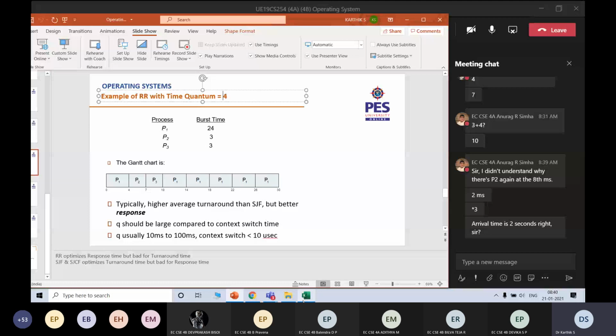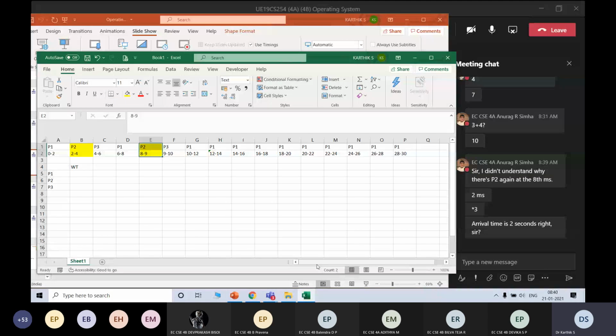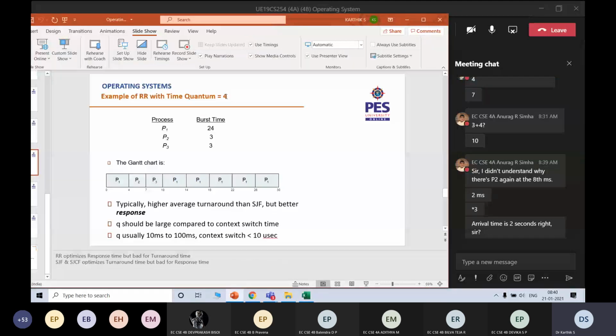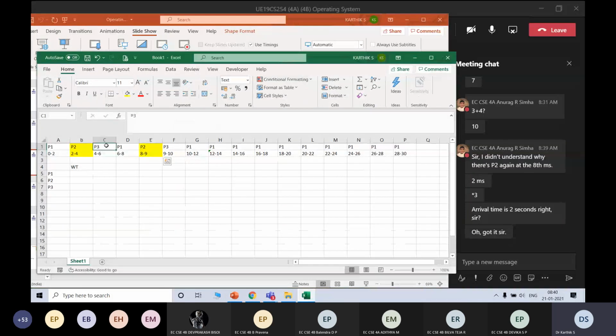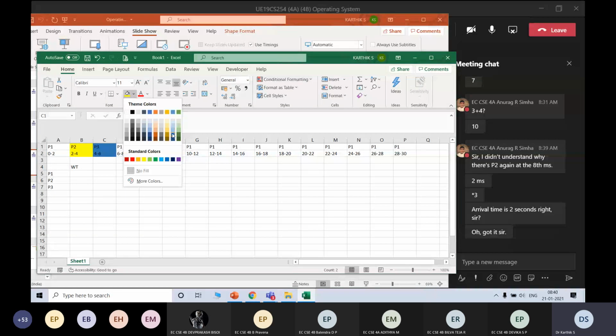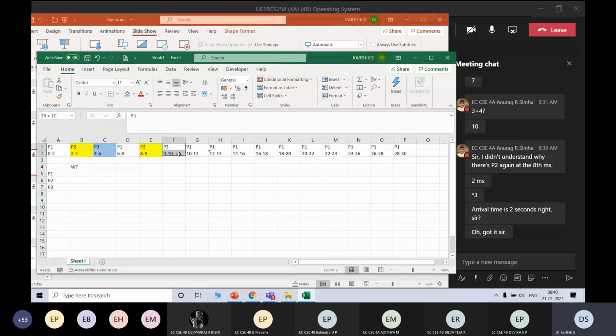Arrival time is 0. All processes are arriving at time 0. I am only saying the time quantum is 2. That means every process will execute only for 2 milliseconds. And for the same reason, P3, you see it executed for 2 milliseconds here, and once again it continued its execution for 1 more millisecond here.